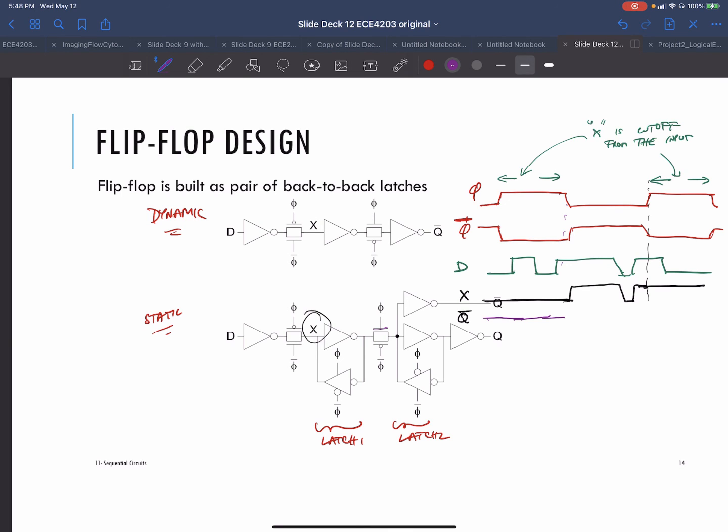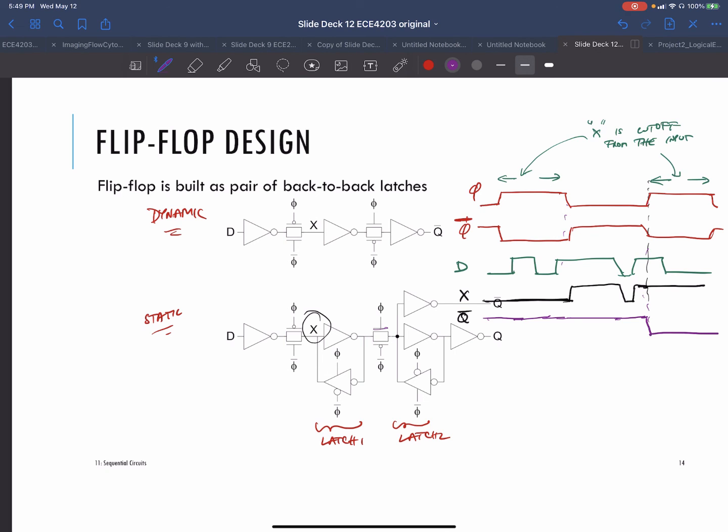And then when phi goes low, Q bar is cut off from X, so all this stuff that's changing with X doesn't affect Q bar. And then finally, when phi goes high again, you get Q bar following the inverted version of X, and then it basically changes.